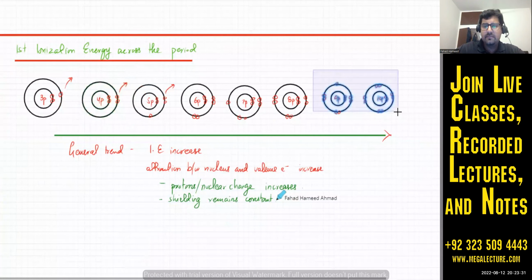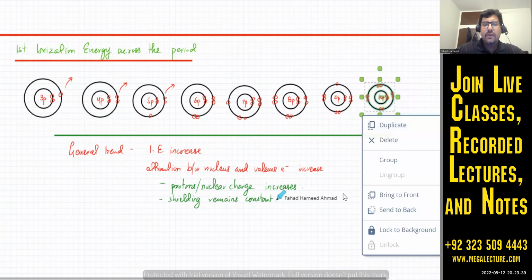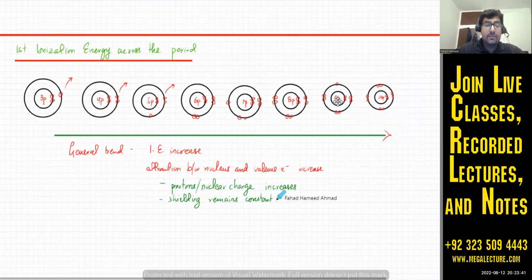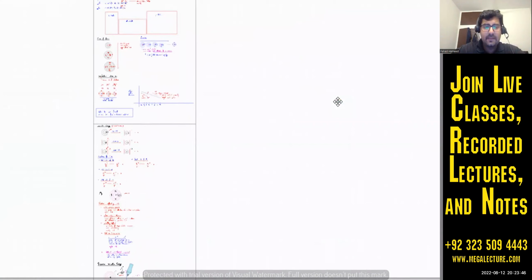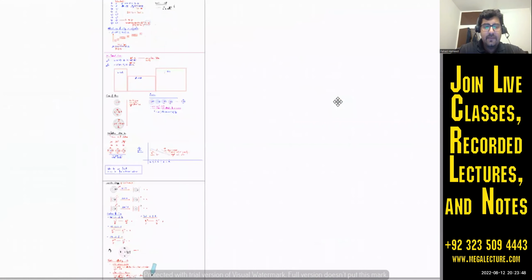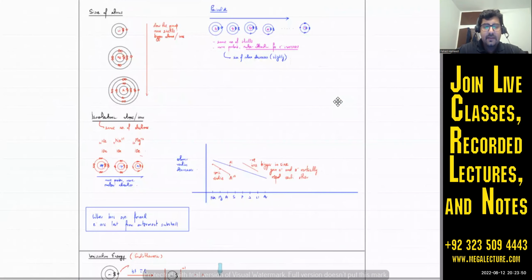Let's exaggerate this a little, just a second. We did study this, so you thought. When you're moving across the period, you've got more protons. More protons means more attraction for electrons. We did this somewhere above, this part.